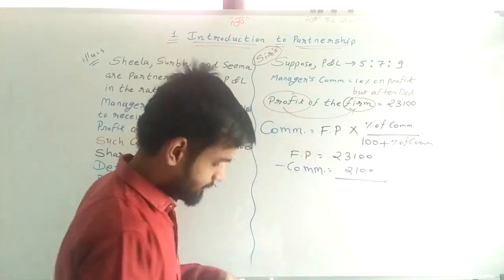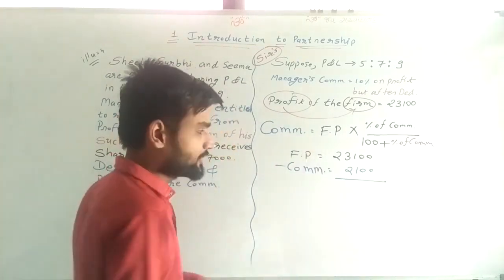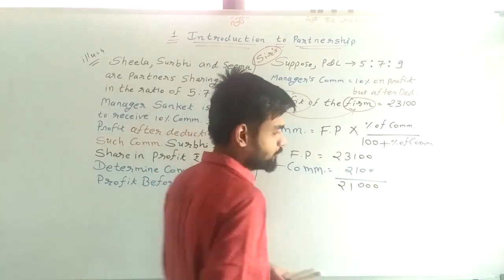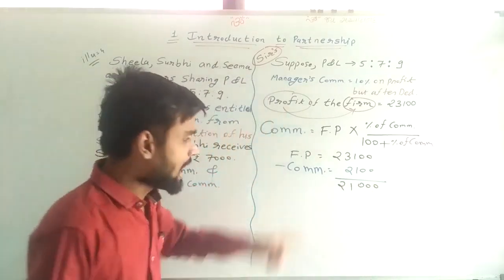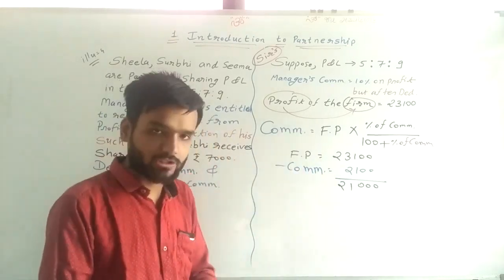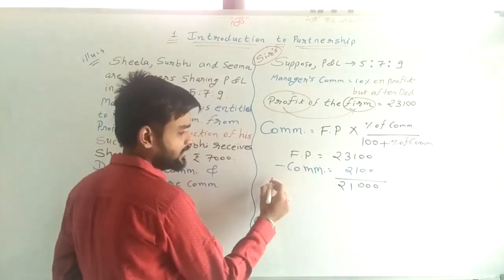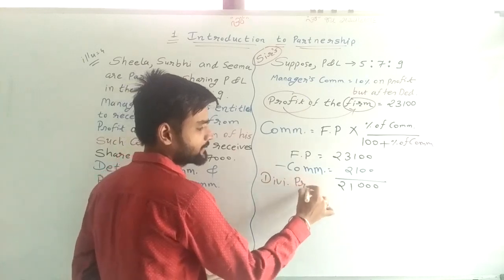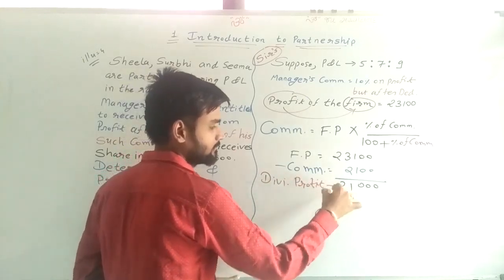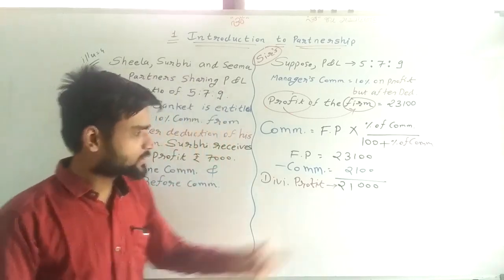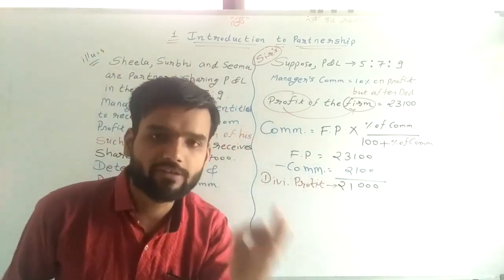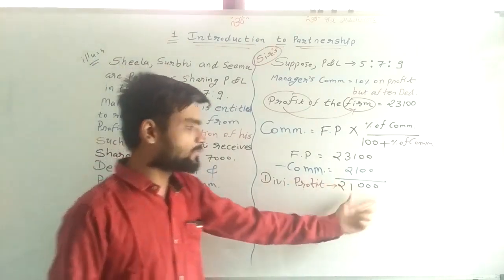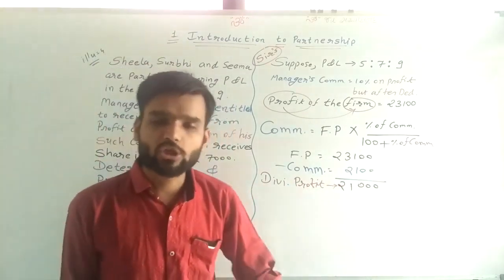After deducting commission, the remaining profit is 21,000. After deduction of commission, this profit is called divisible profit. This 21,000 is the divisible profit, so the divisible profit is 21,000 rupees.